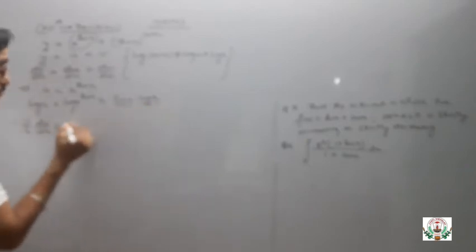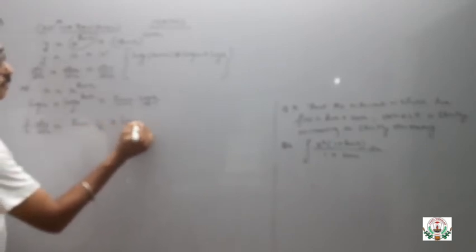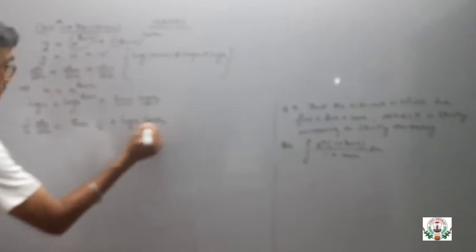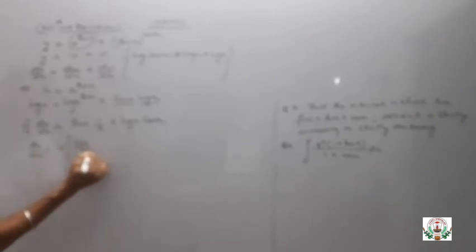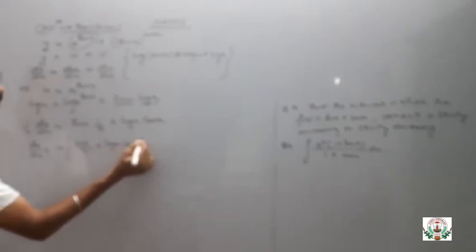Now differentiating with respect to x, 1 by u du by dx. It is a product function, so separate: sin x times d by dx of log x, which is 1 by x, plus log x times d by dx of sin x, which is cos x. So du by dx will be equal to u, cross multiplying, sin x upon x plus log x into cos x.